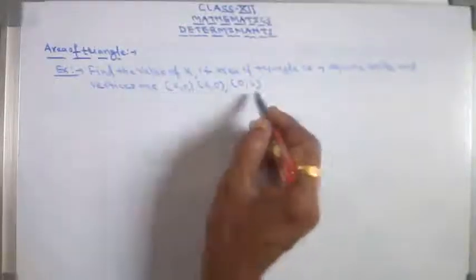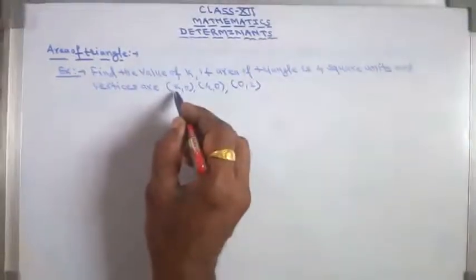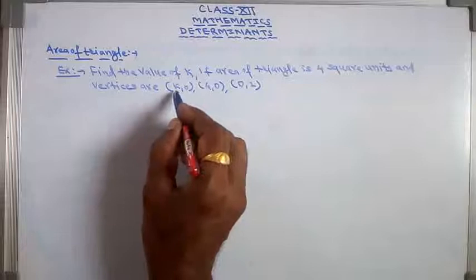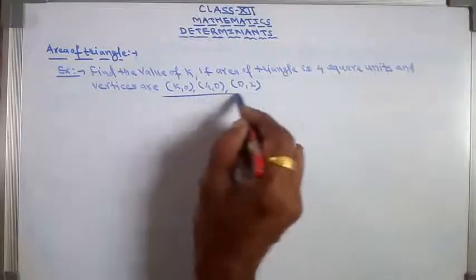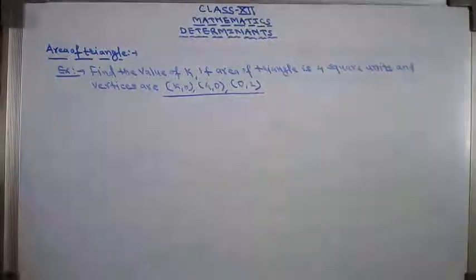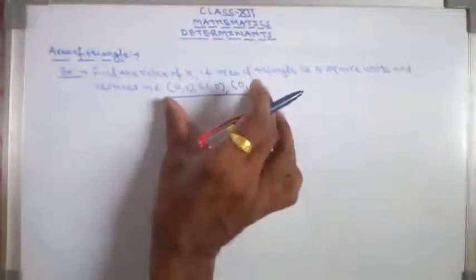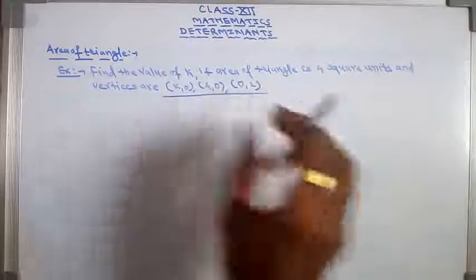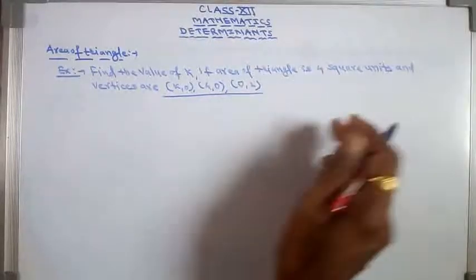Now here the three vertices of a triangle are given, but here it is k. So what should be the value of this k so that the area of the triangle becomes 4 square units? So we will find the area of the triangle by using the determinant and make it equal to 4 because the area is 4.